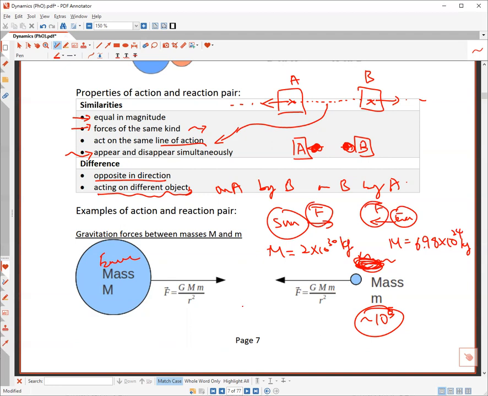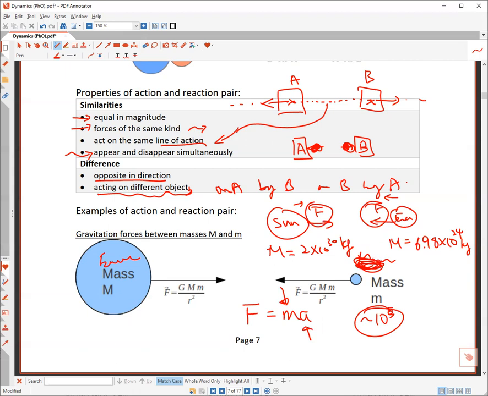So if you use Newton's second law and look at the acceleration of the Sun and the acceleration of the Earth, because the mass differs by 10 to the power 5, the acceleration also differs by the order of 10 to the power 5. So the acceleration of the Sun times 10 to the power 5 is roughly the acceleration of the Earth.